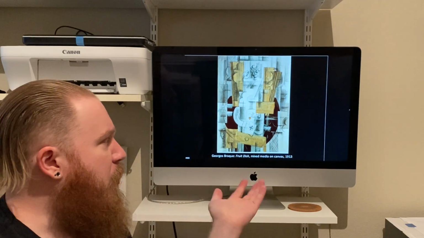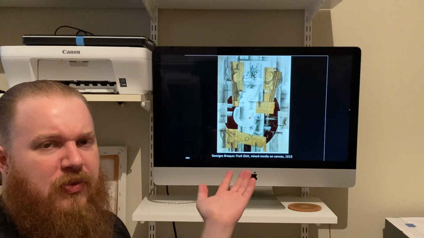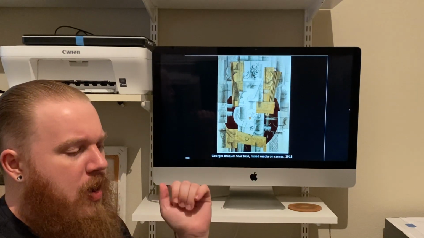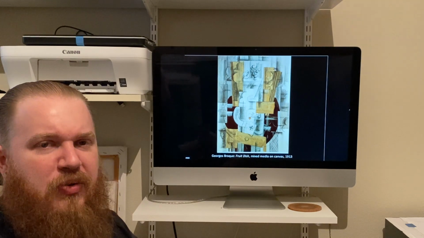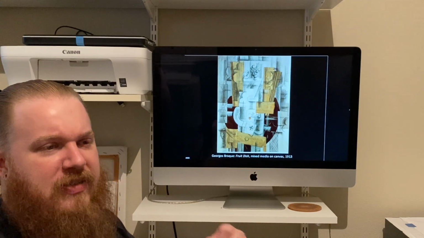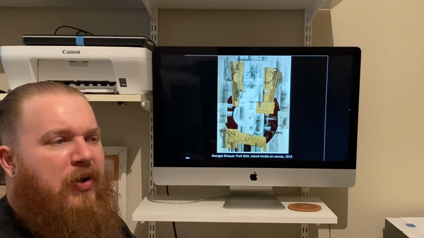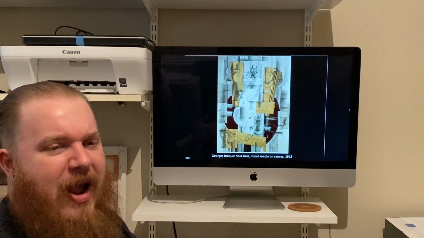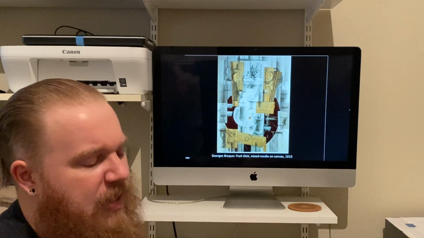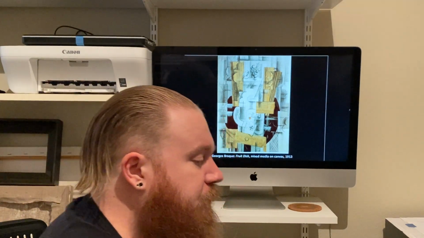George Braque pretty much works with synthetic cubism for the rest of his life, whereas Picasso kind of embraces expressionism into it and goes a little bit back to the analytical style, but begins to change it with aspects of expressive color and all kinds of things like that.